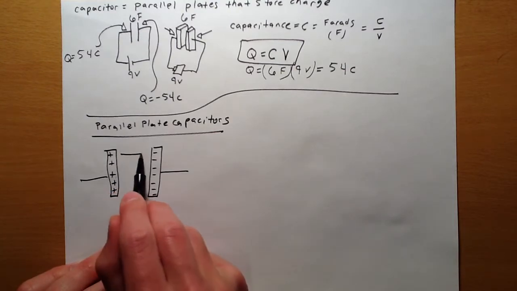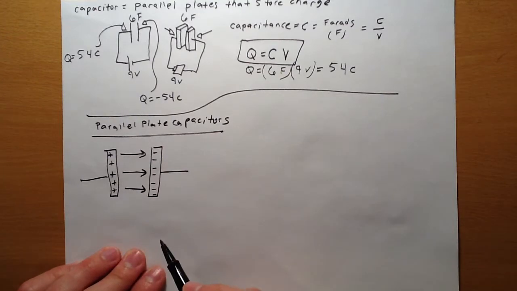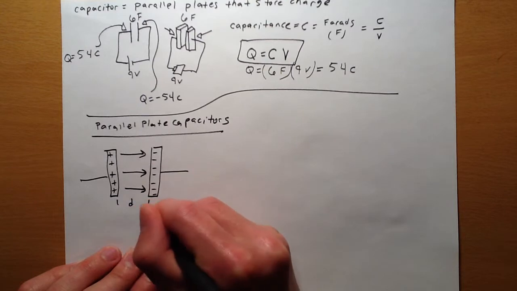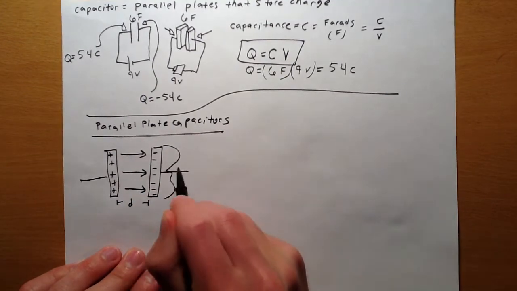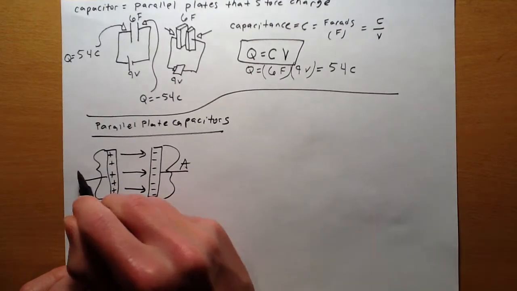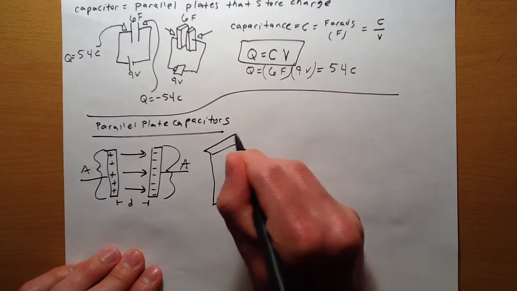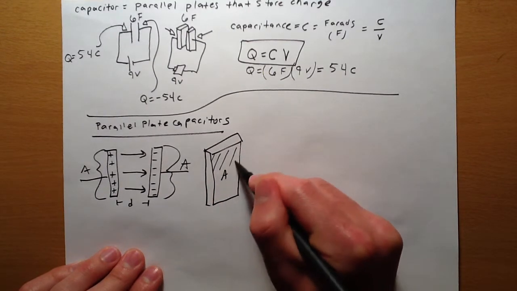So we're going to have electric fields going from the positive charge to the negative charge, like we talked about in previous sections. We have a certain distance between the two plates, and each plate has a certain area. In 3D, one of the plates looks like this, and this is the area right here.